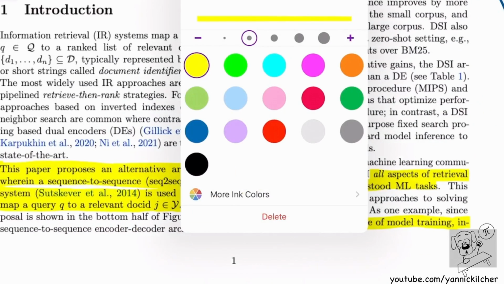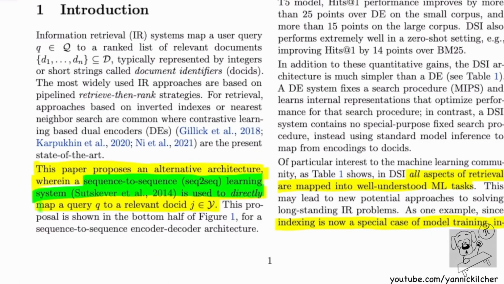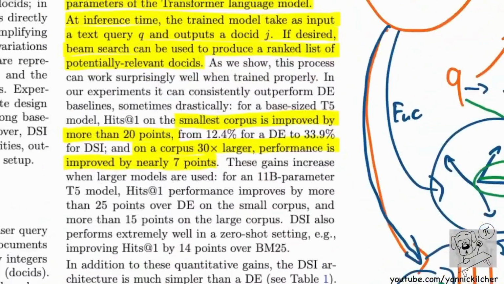They say right here in the introduction, they use a sequence-to-sequence learning system to directly map a query to a relevant document ID. They have different corpuses where they train it.